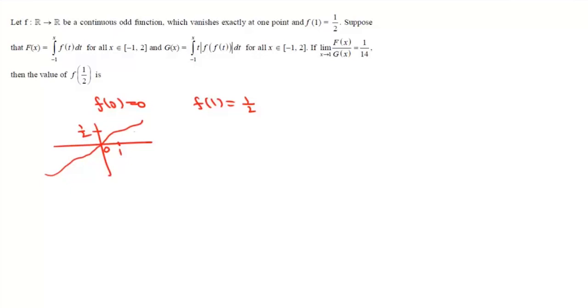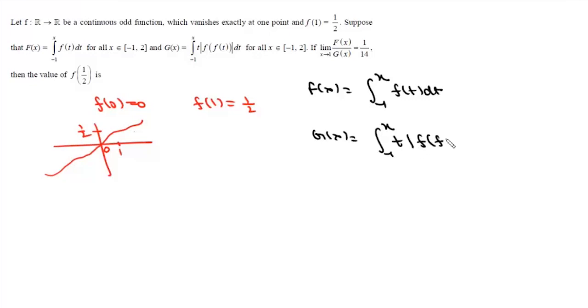Now we are given that capital F(x) is this integral from −1 to x f(t) dt, and capital G(x) is this integral from −1 to x t|f(t)| dt for all x belongs to [−1, 2].